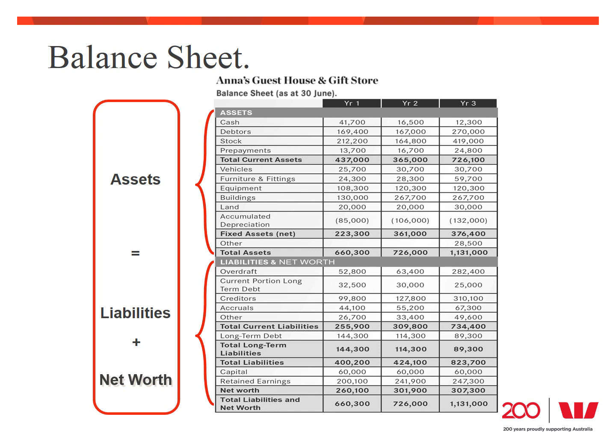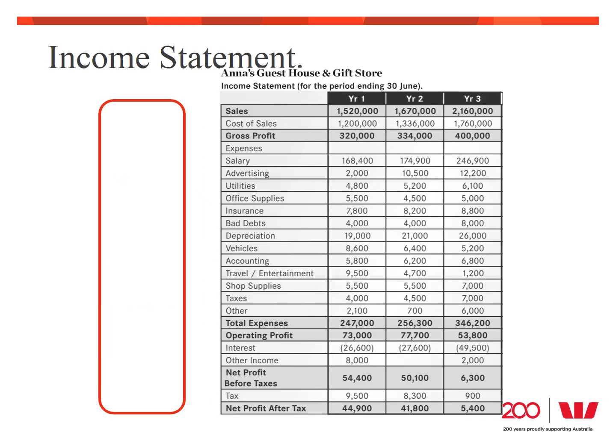We can see here that Anna's Guest House and Gift Shop has grown rapidly over the past few years, acquiring more assets and taking on more liabilities. The income statement then shows the financial performance over a period of time, recording the income earned, the expenses incurred to earn that income, and the profit or loss that the business has made.